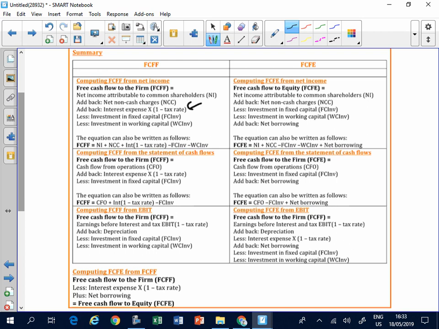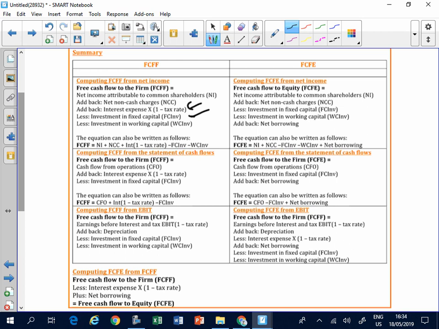The reason why you add it back is because the debt holders are supposed to receive cash flows from the free cash flow to the firm. It's basically working out the cash flow for the entire firm, which is the equity and the debt holders. So that cash flow belongs to those two entities. Then you deduct your working capital, you deduct your fixed capital investment, and you get to your free cash flow to the firm.